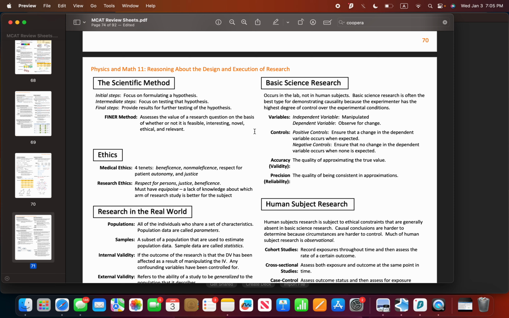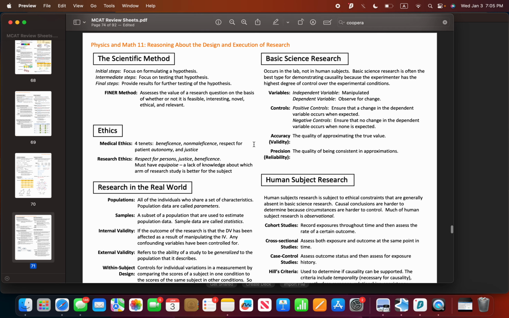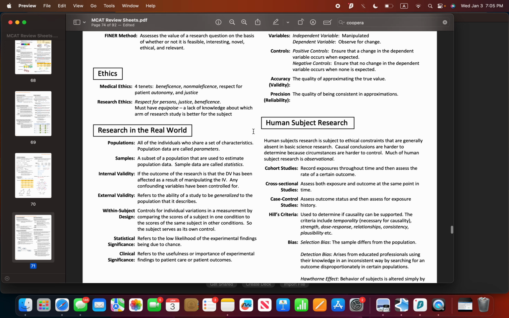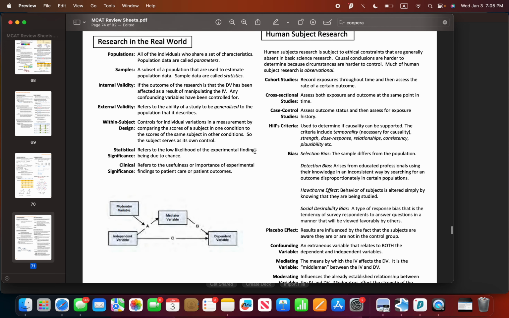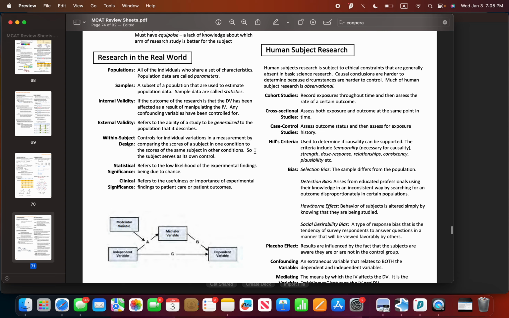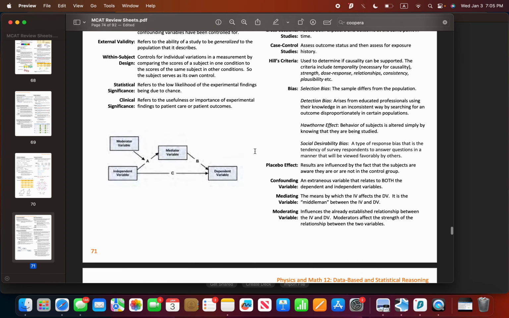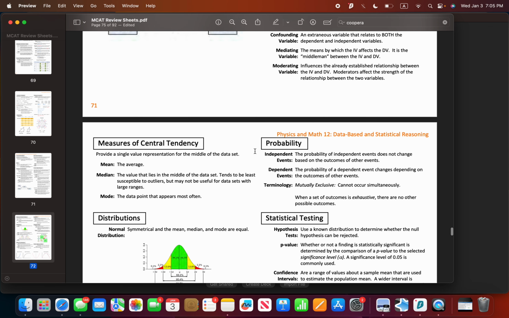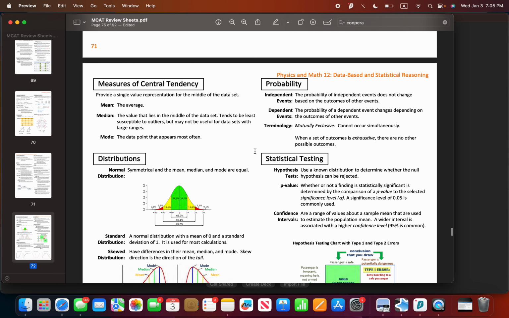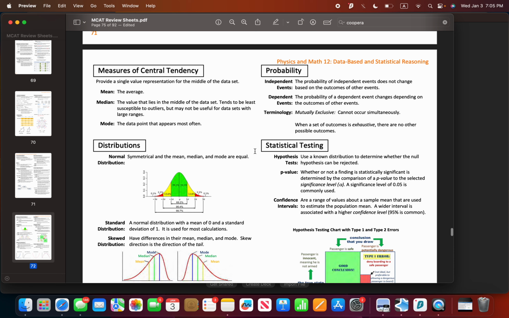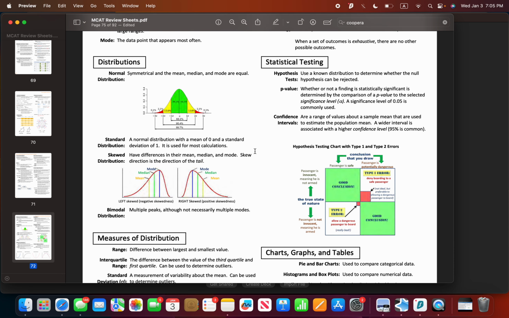We have the reasoning about the design and execution of research. This might actually be a good thing to study in the first place. So chapter 11 of physics and math, and then we have data and statistical reasoning.